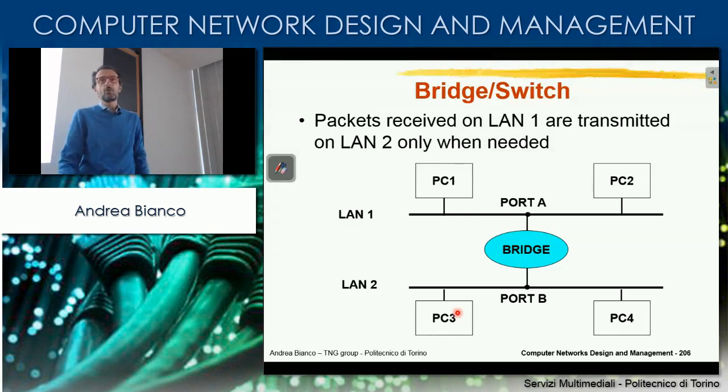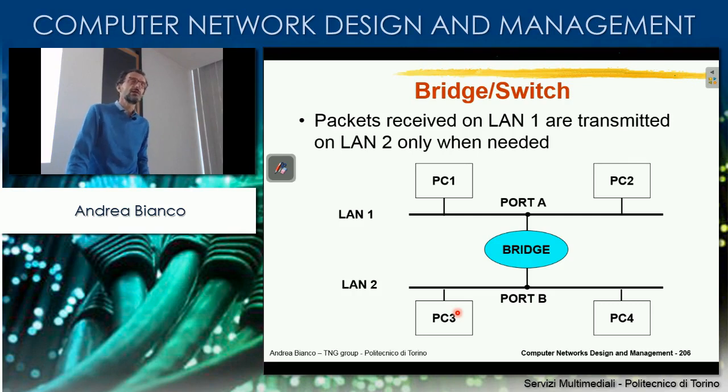Otherwise, you don't exploit any locality. Any packet will go on any LAN, and as a consequence, the network performance will be exactly the same as if you had only a single shared medium. So you don't gain any advantage, and we want to absolutely avoid that.